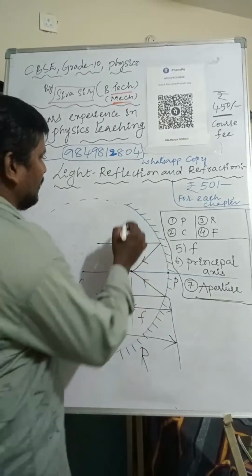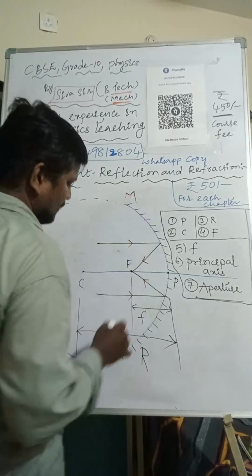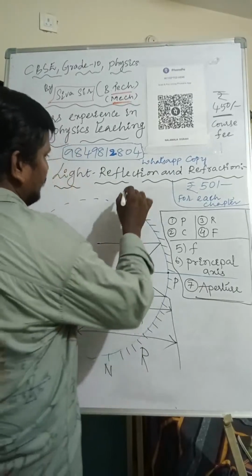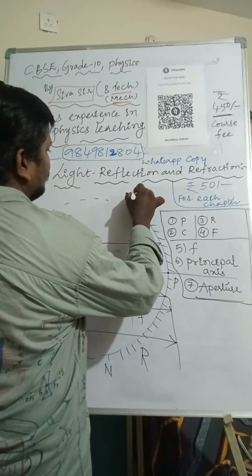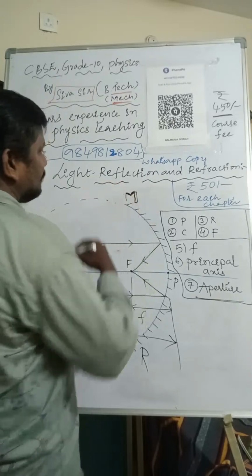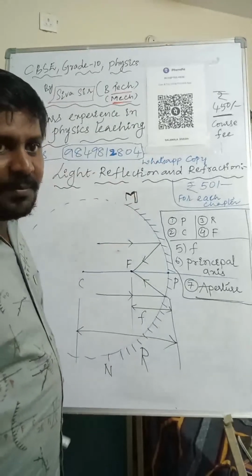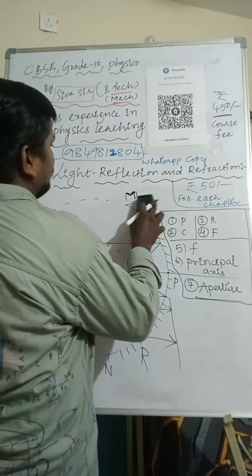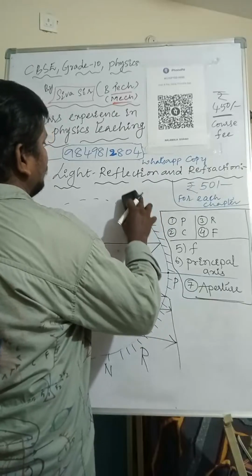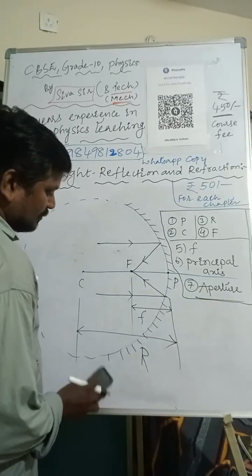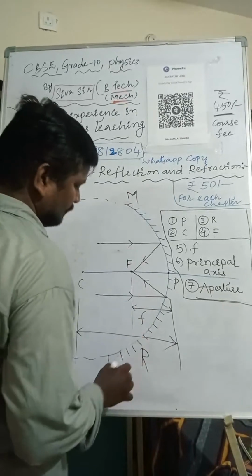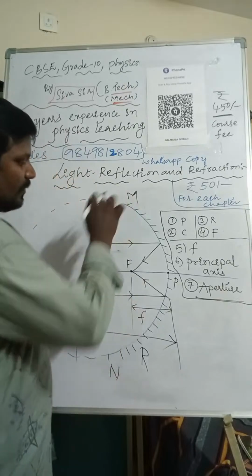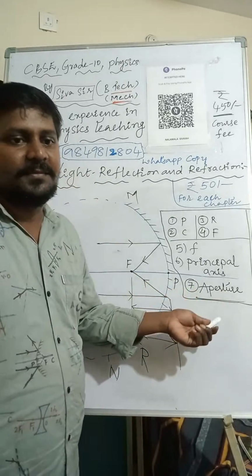So this distance is the width of the mirror, that is called aperture.